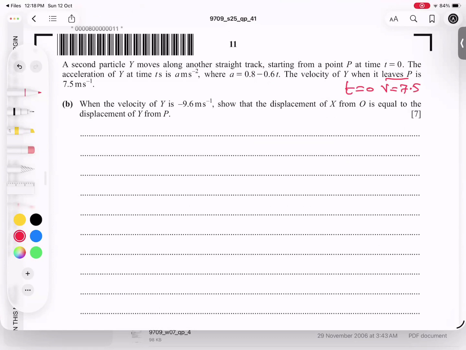He further says that when velocity is negative 9.6, show that the displacement of x from O is equal for both x and y. So look, this is x and this is y, both displacements are equal. We are looking for the expression of velocity, but the problem gives acceleration, so I'm writing the acceleration expression.